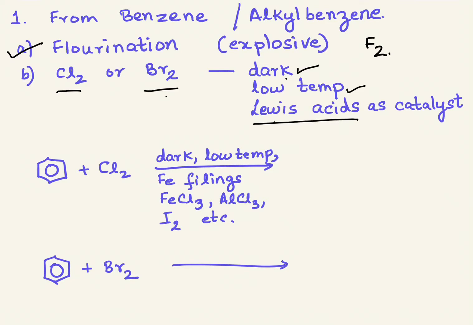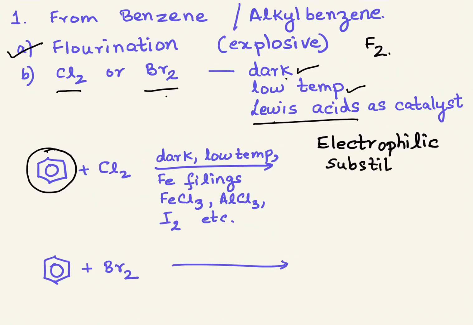If you notice over here, this is a reaction which involves substitution in the ring. So, the mechanism of these reactions is electrophilic substitution reaction. So, when it's an electrophilic substitution reaction, you need something to help the benzene get rid of its hydrogen and be substituted by an electrophile, right?